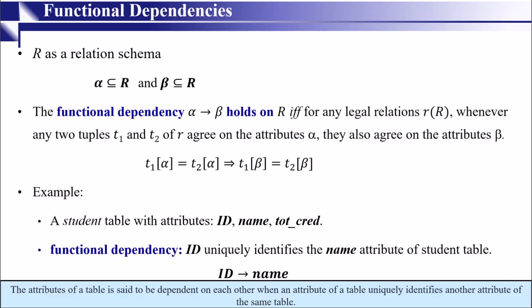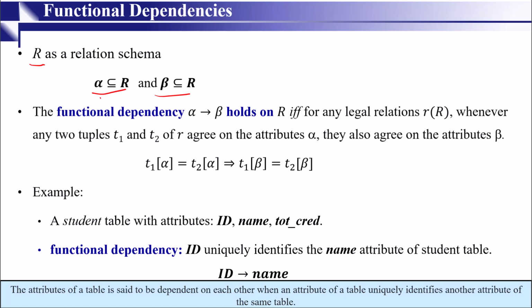Let's formalize functional dependency. For a relation schema R, if alpha is a subset of R and beta is also a subset of R, it means that if two tuples agree on alpha, they must agree on beta as well.